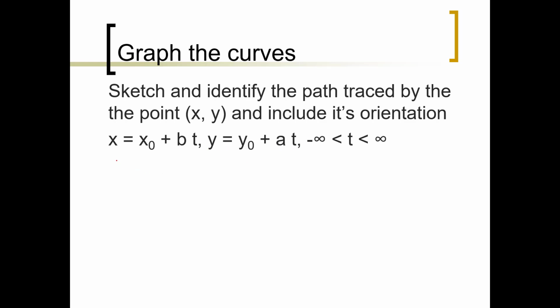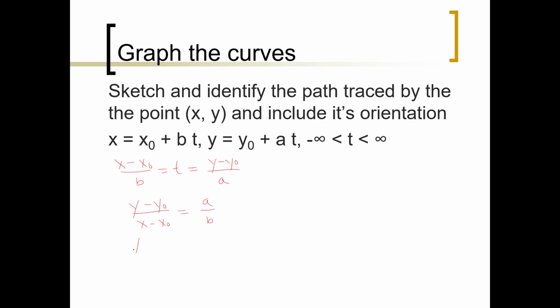If you do that, you would have (x minus x naught) over b. That would be t. But that would also be (y minus y naught) over a. Now, if you take these two and divide them one by the other, you would get (y minus y naught) over (x minus x naught) equal to a over b.